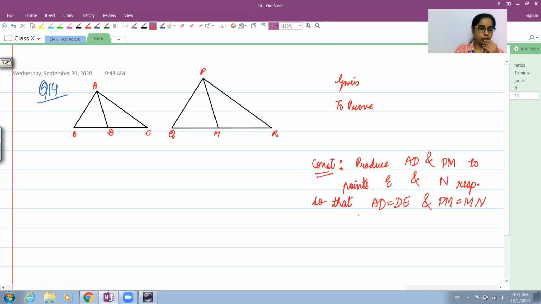So this is what you want to do. You want to extend the two sides, the medians actually. You want to extend the medians in such a way that the extended part is equal to the length of the median itself. So accordingly, let's change the figure.